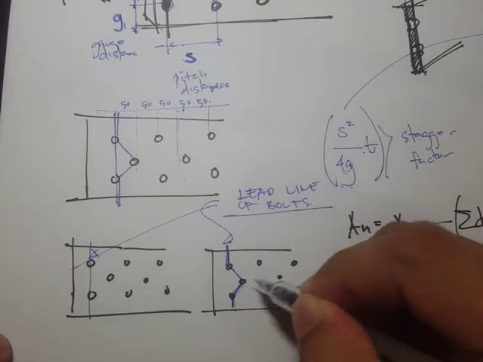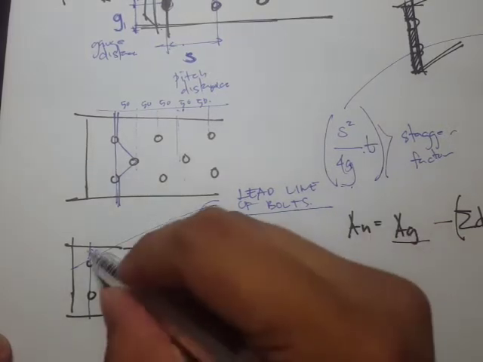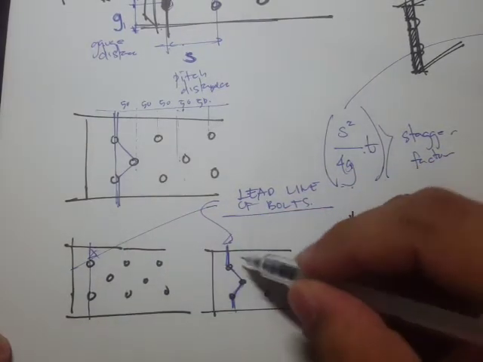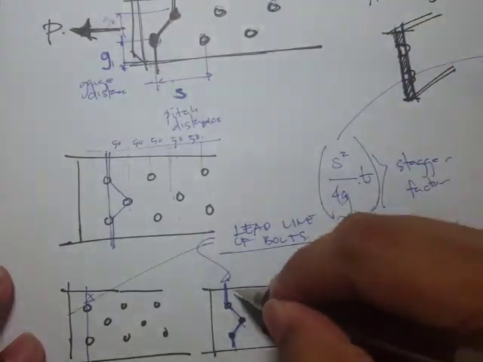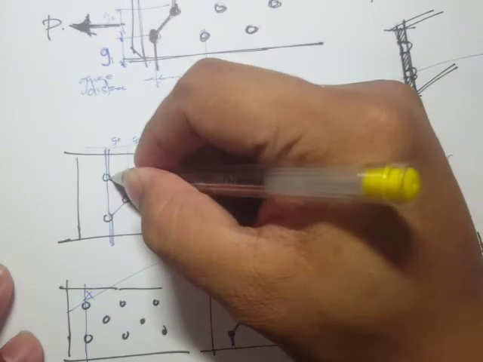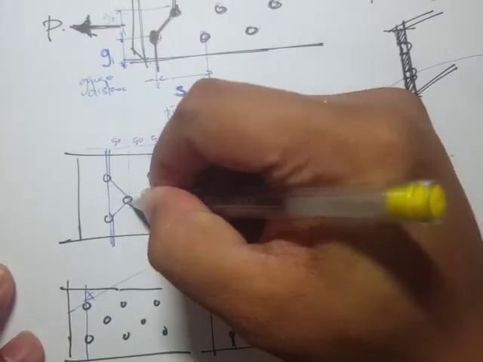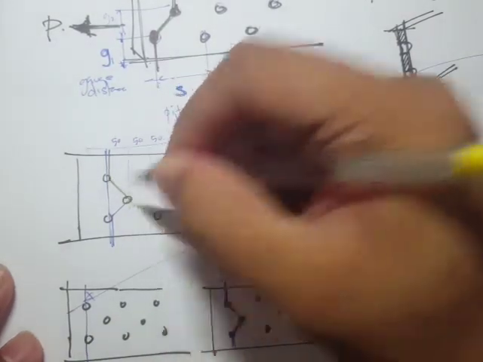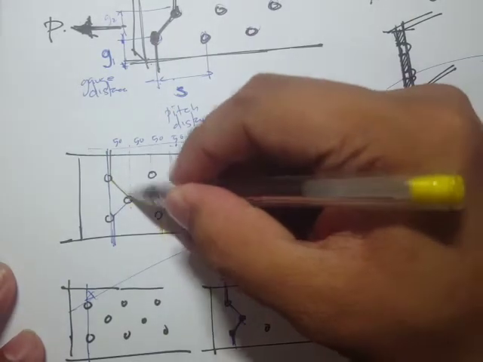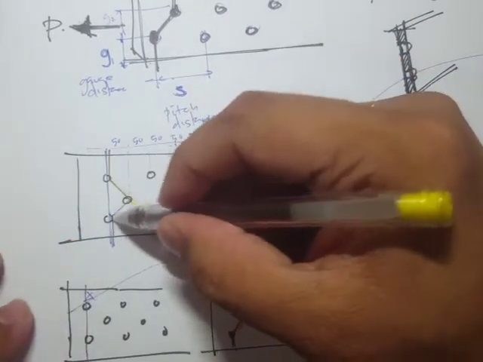That's the reason why I'm taking failure paths over here. So we cannot take a failure path like this, for example. We can't take this one. Why? Because there's a single bolt that's left over here.